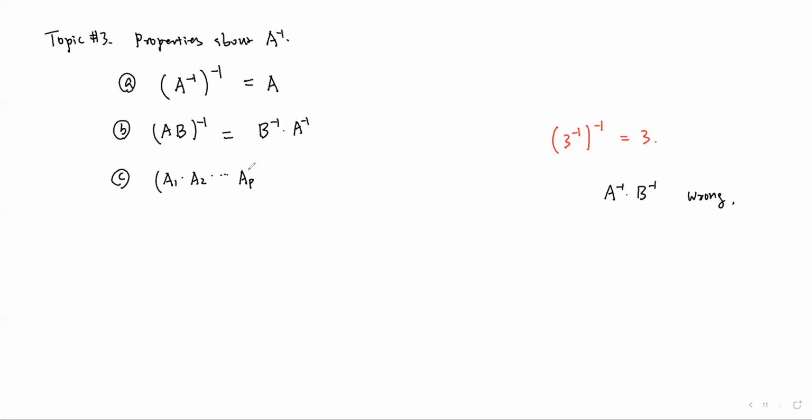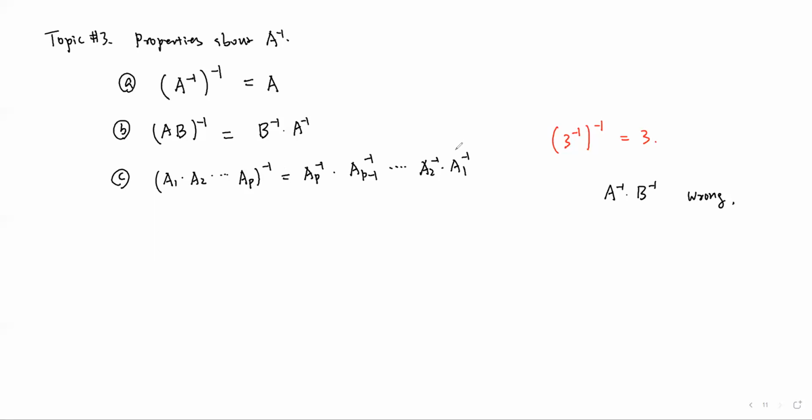Then take the inverse. The result is AP inverse times the second last matrix, A P minus 1 inverse, and so on, times A2 inverse times A1 inverse. Reverse order. Remember.